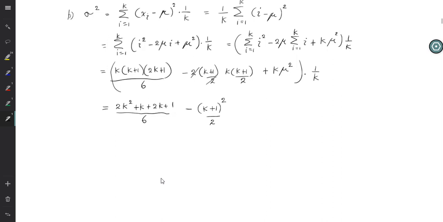We have cancelled the k with the outside k also in the first expression. So this k outside is cancelled out with k. Okay, and this is the expansion of (k plus 2) times (2k plus 1). And here also this k is cancelled out with this k outside. So you end up with (k plus 1) square divided by 2, the minus sign. This k and this k will also cancel out. Therefore, you will end up with simply mu square.